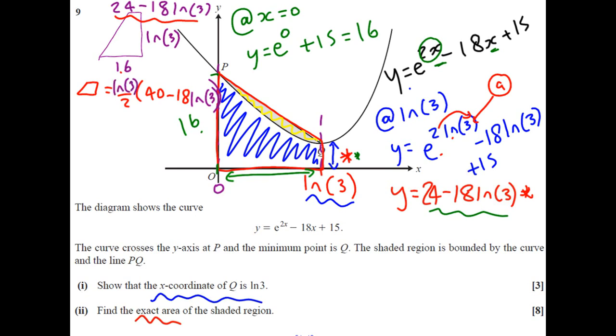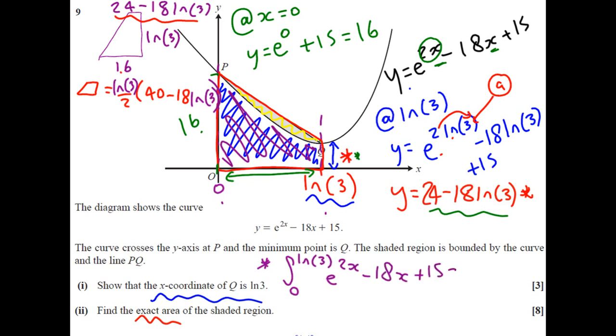Okay, now we want to integrate to find this blue area that we talked about. So we're going to, I'll do it down here, we're going to integrate our function between the limits of 0 and ln 3. And our function is e to 2x minus 18x plus 15.